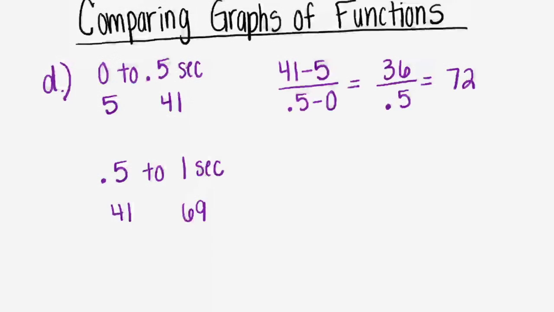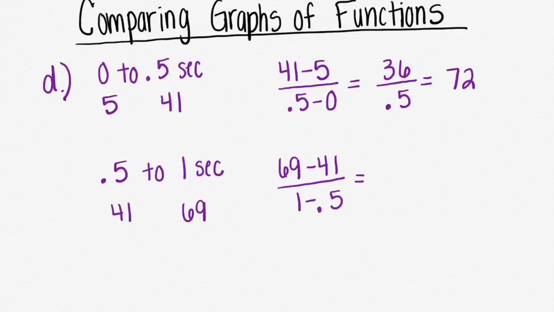So when I go over and do my rate of change, I go 69 subtracting 41 over 1 minus 0.5. Okay, so you guys can see the pattern.